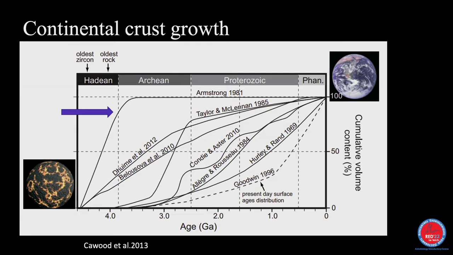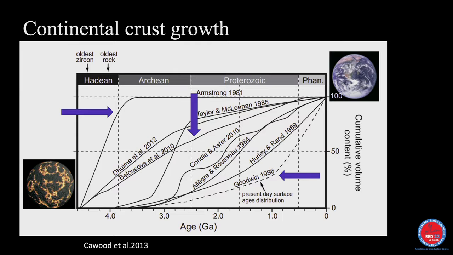In turn, in the Goodwin model, almost nothing was extracted during Hadean time and also Archean time. Everything is much younger, so maybe Proterozoic or even younger age. And somewhere in between we have the Bielosova et al. model. The model predicts that at the very end of Archean time, more or less 60 to 70% of the crust volume was extracted.